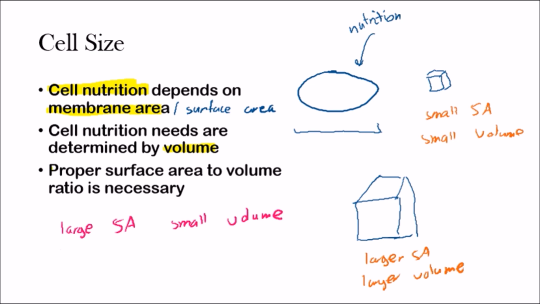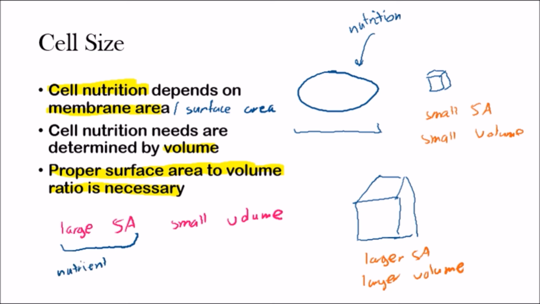The proper surface area to volume ratio is necessary in order for a cell to function. Okay, and that's a very important thing to know in biology. You will see all sorts of questions about this, where you'll get all sorts of scenarios where, okay, we're trying to make a cell, and we want to get the ideal cell. So what do you want? Remember that for an ideal cell, we want a large surface area so you can get nutrients for nutrition purposes.